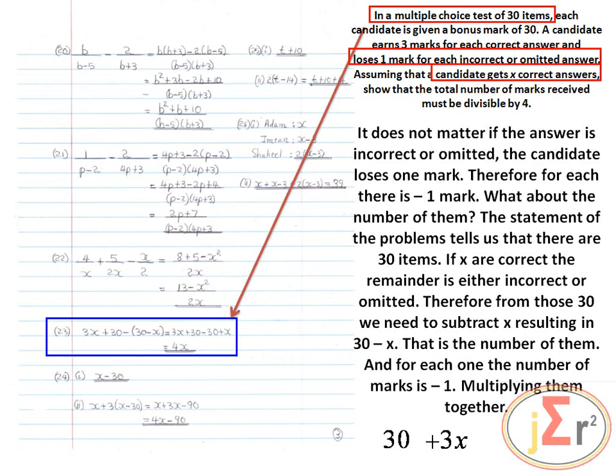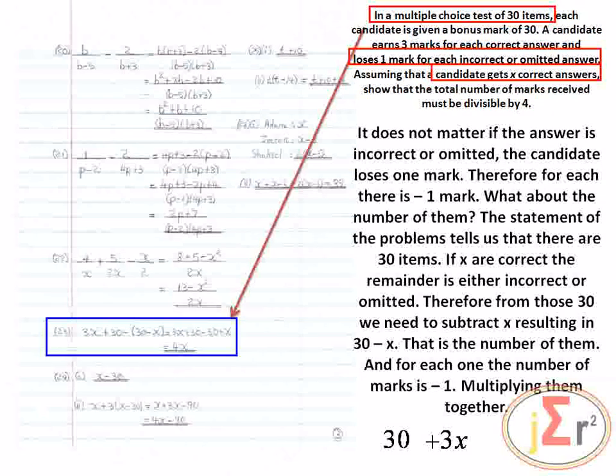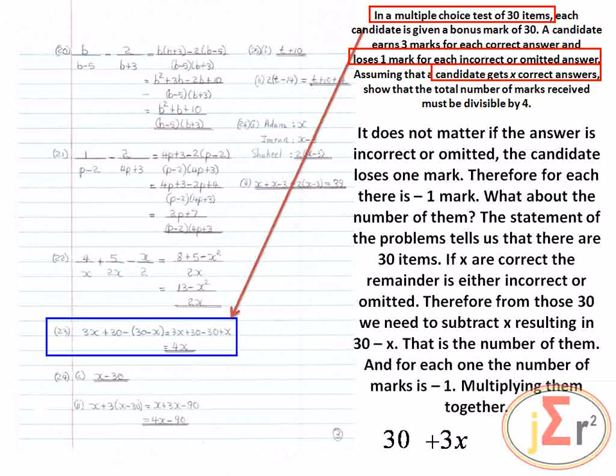We are saying that the candidate gets x correct answers, and that he loses 1 mark for each incorrect answer. But yet still what we have here is the number of marks for each one. That is correct. But let us see how we put that together in this statement here.